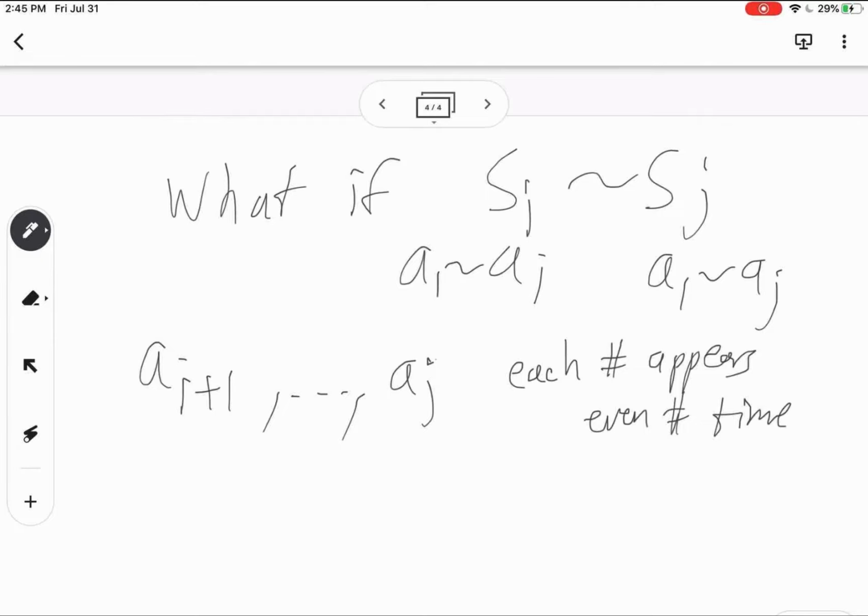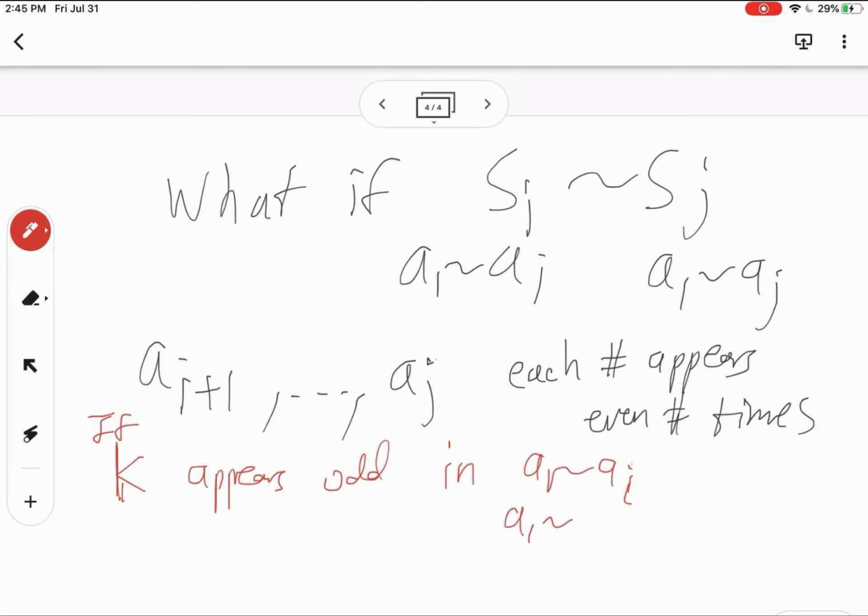And the reason this is true is because let's look at the number k. If k appears an odd number of times in A1 through AI and in A1 through AJ, then let's say it appears x times here, where x is odd, and it appears y times here, then it would appear y minus x times here, right?